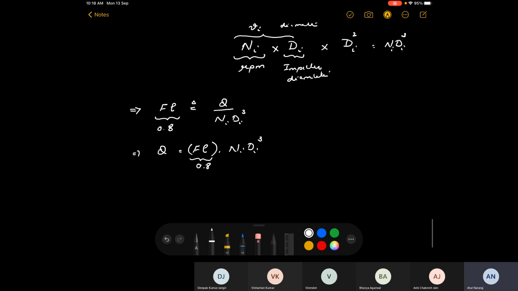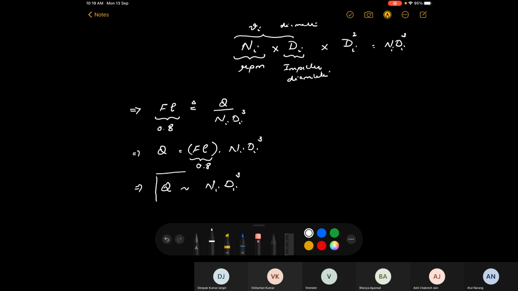Another way of saying this, which will be more important for us, is simply that the rate at which it pumps scales as N sub I D sub I cubed. For us, the exact number will not be that important. We are only interested in the ratios.